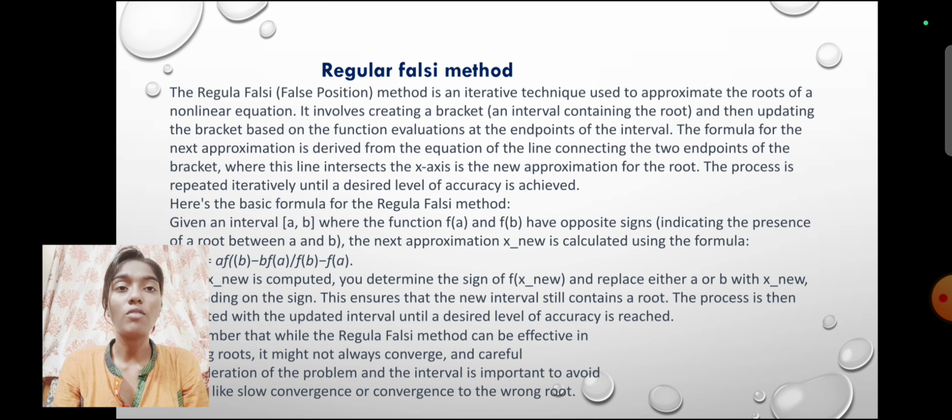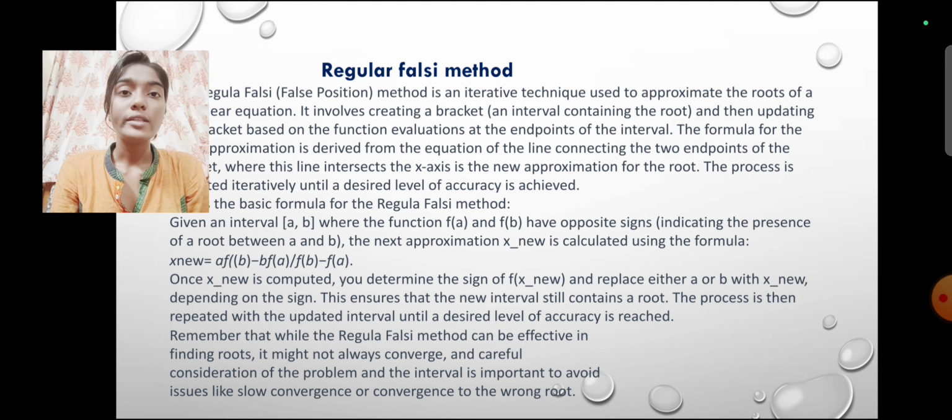Here is the basic formula for the regula falsi method. Given an interval a, b where the function values f(a) and f(b) have opposite signs, indicating the presence of a root between a and b, the next approximation x_nu is calculated using the formula x_nu = (a f(b) - b f(a)) / (f(b) - f(a)). Once x_nu is computed, you determine the sign of f(x_nu) and replace either a or b with x_nu depending on the sign.